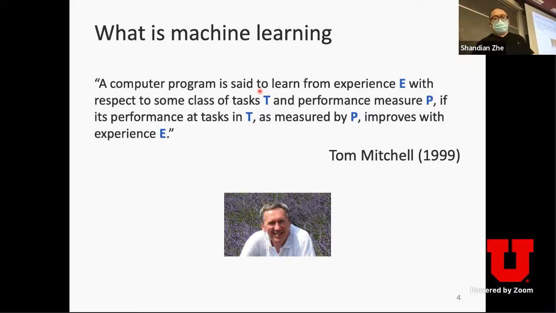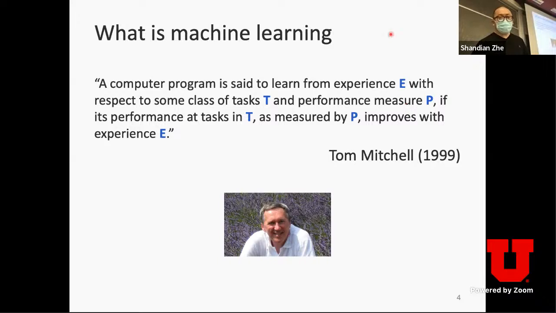And we also have some performance measure P. Once you have some machine or program, you want to apply it to do some task, and you need some measurement telling you if it is doing good or bad.